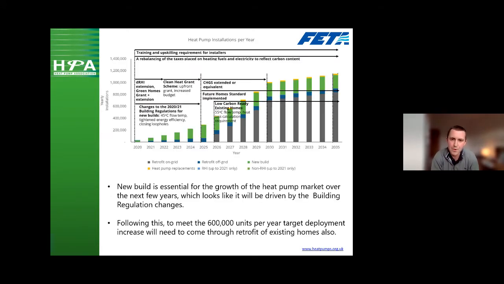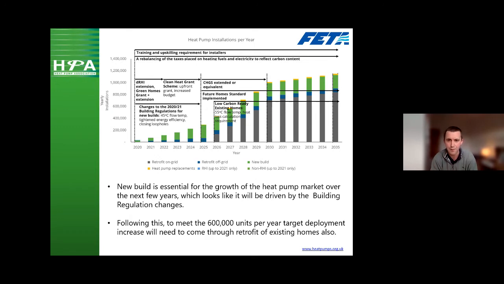Next slide, please. So we've done a bit of work on this with the HPA, and putting together a supportive policy mix is going to come from building regulations, it's going to come from subsidy support, it's going to come from regulation on installers. It's the sort of lessons that we've learned from across the different countries. And really we've thought about how that growth might look.